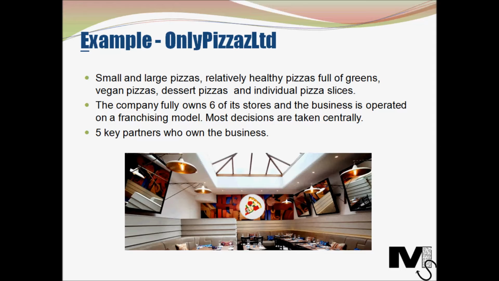Although the company owns a few of its stores, six of them, the business is primarily operated on a franchising model. Most of the decisions in terms of the menu, the recipes, the marketing, finance, and administration are actually taken centrally. In terms of the structure, there are 5 key partners who own the business.